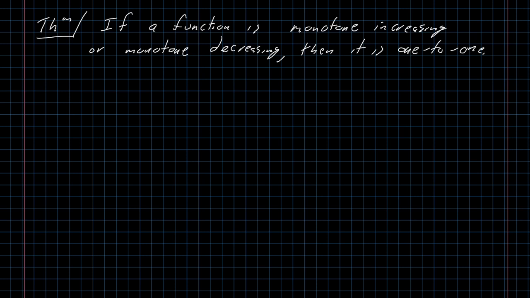So my theorem here says that if a function is monotone increasing or monotone decreasing, then it is one-to-one.